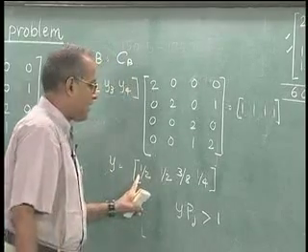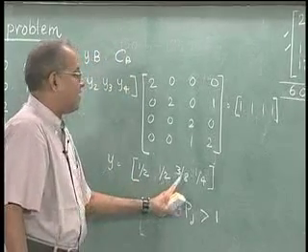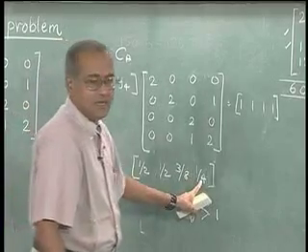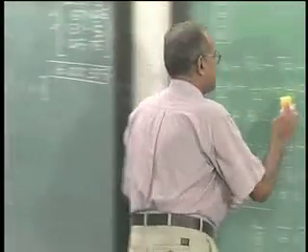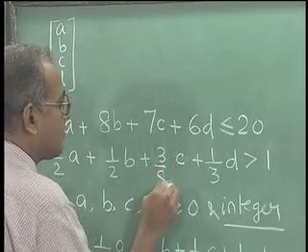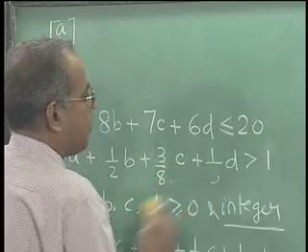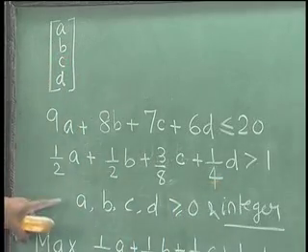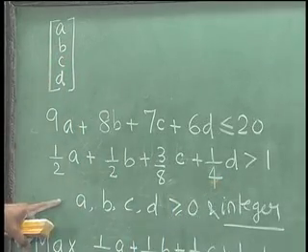So, 1 by 2a plus 1 by 2b plus 3 by 8c plus 1 by 4d greater than 1, a, b, c, d greater than or equal to 0 and integer.